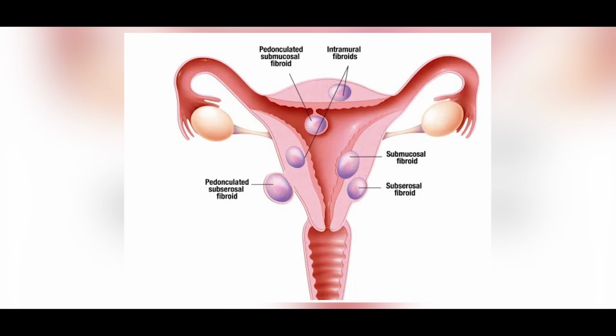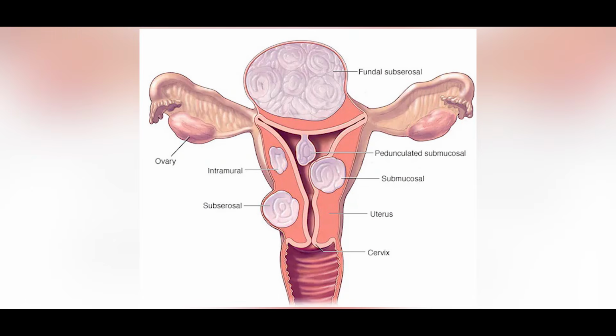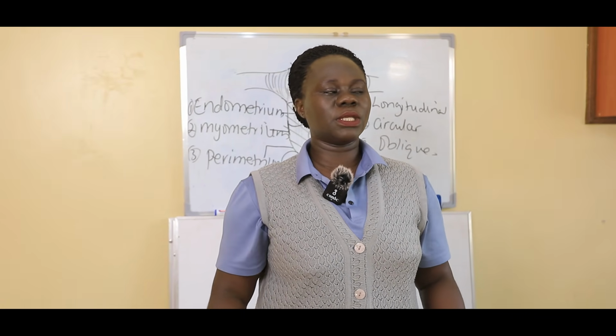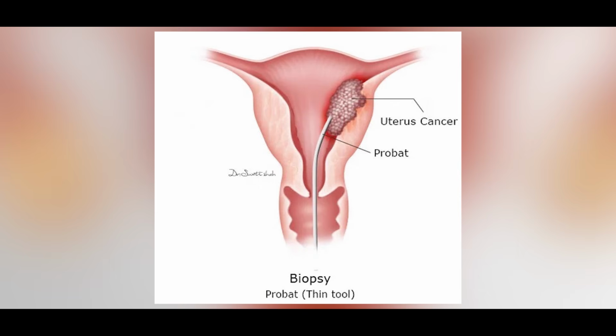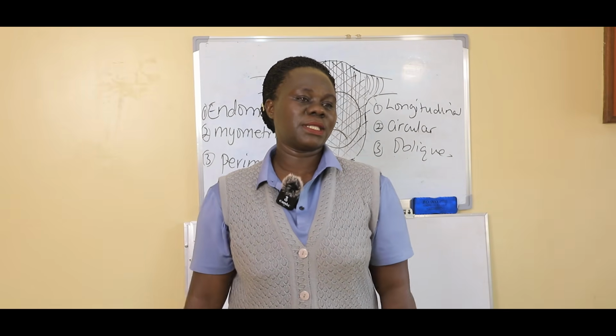It can help one to know whether somebody has fibroids, because they always implant inside there. And it is diagnostic because it can have cancer cells within, so they can diagnose cancer of the uterus.